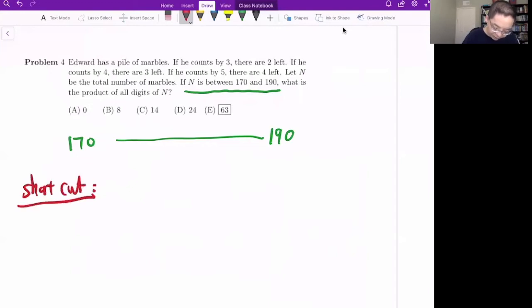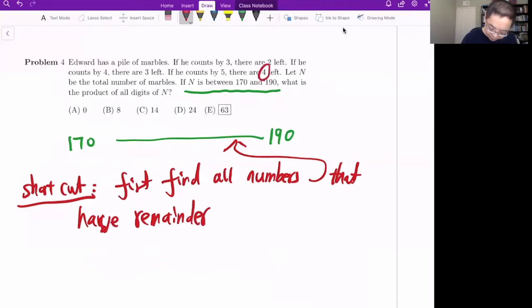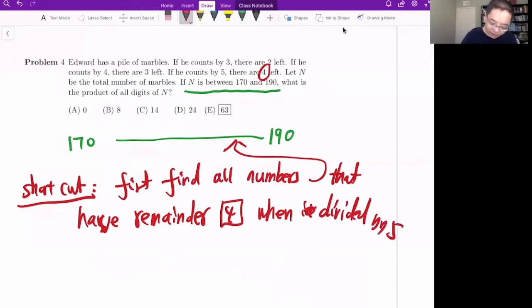We first find all numbers within this range that have remainder 4 when divided by 5, which means we only focus on the last requirement of the remainder.